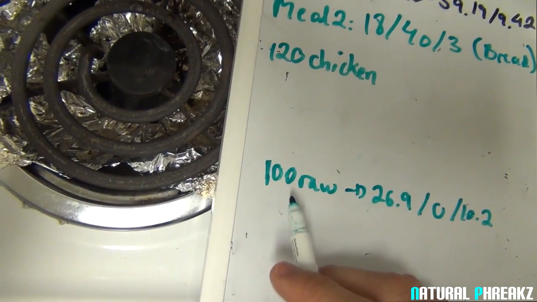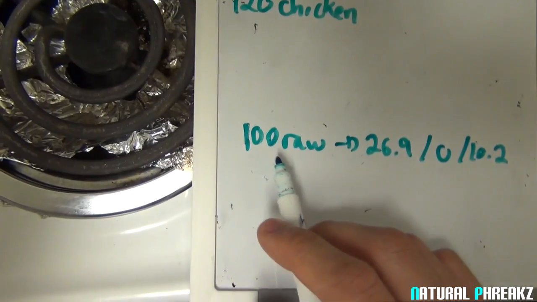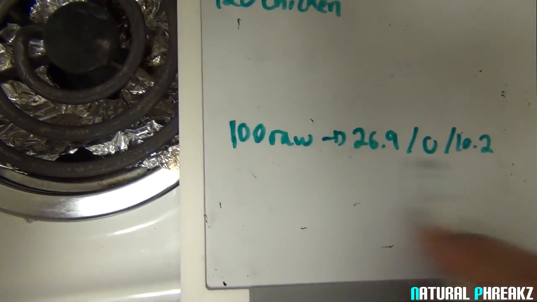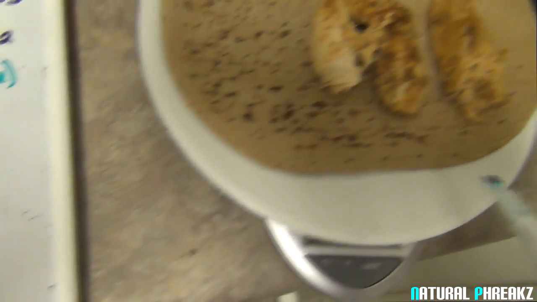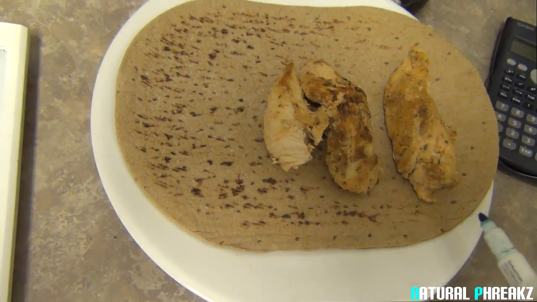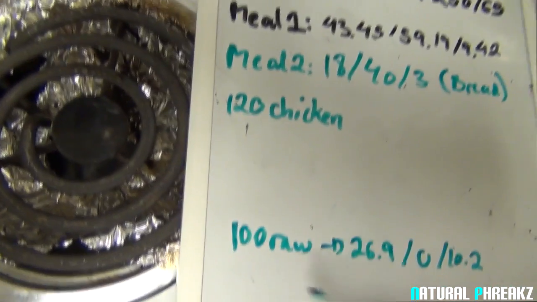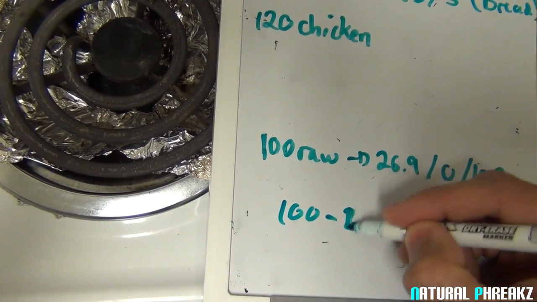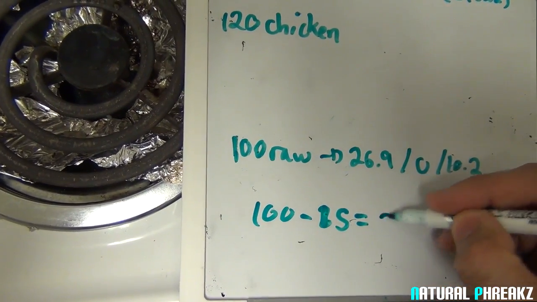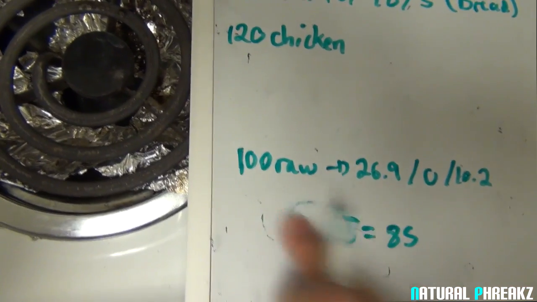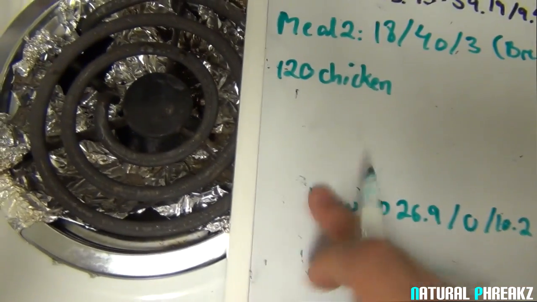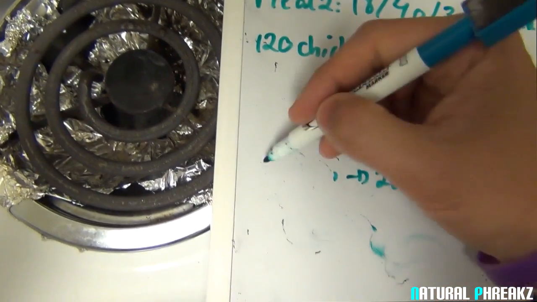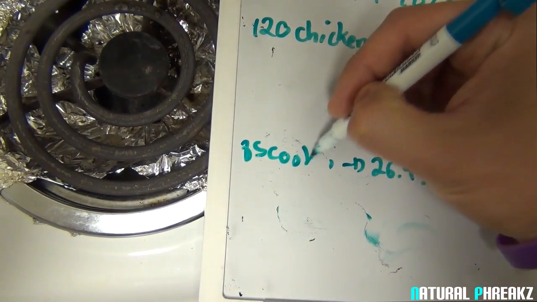So let's assume the macros I found were for 100 raw, but I already weighed my chicken cooked and it gave me 120 grams. So let's say this is 100 minus 15. Let's assume this is 85 cooked. So now I erase this and I write 85 cooked.